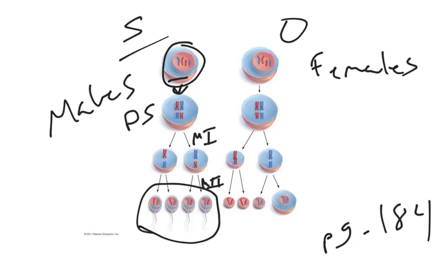And those sperm will then, during fertilization, fertilize an egg. Okay, so the model we just saw, that's what happens for spermatogenesis. After meiosis 1, we call these secondary spermatocytes, and these are actually called spermatids, but this is your sperm here at the bottom. So this is your sperm.